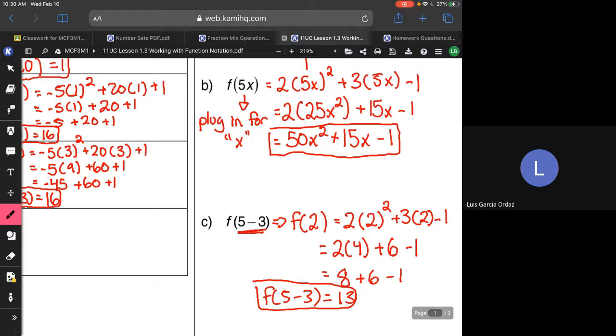Yep. No, you can leave it as 5. F at 5 minus 3 or f at 2. Oh, because Ashton, because they're both contained in the same bracket, I can just do 5 minus 3 right away. The next one, I'll tell you why it's different.